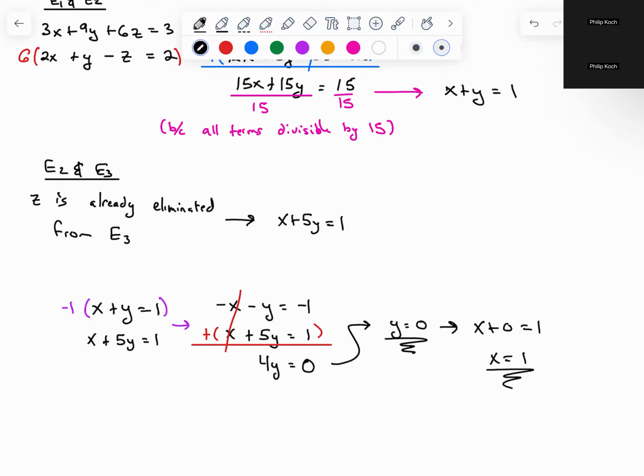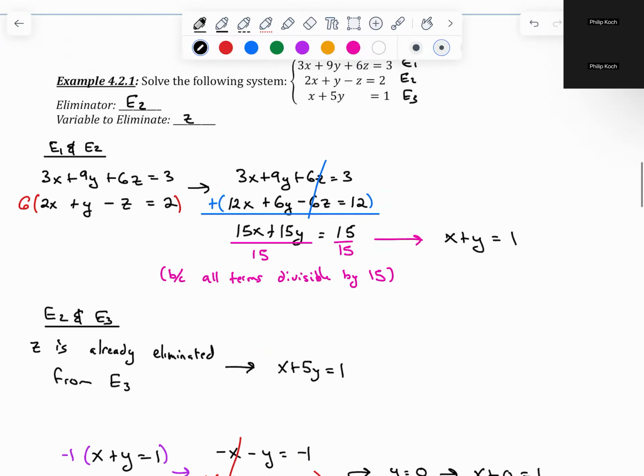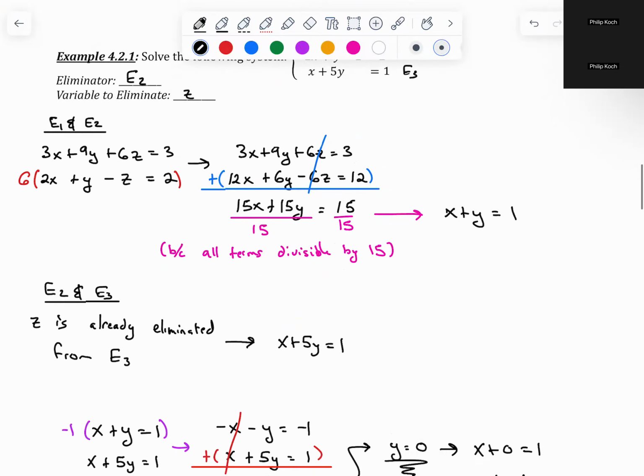Then I can't use equation 3 to solve for z because equation 3 doesn't have any z's to solve for. And the convention is to use your eliminator, so in this case E2, to find your other variable, but there's nothing stopping you from using E1. But I'm going to use E2.